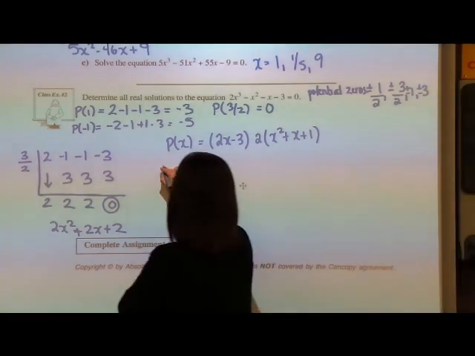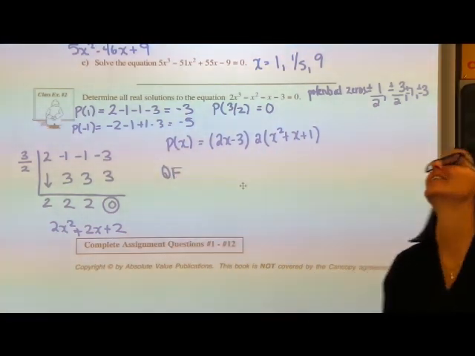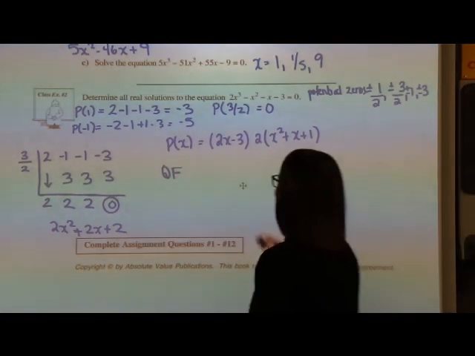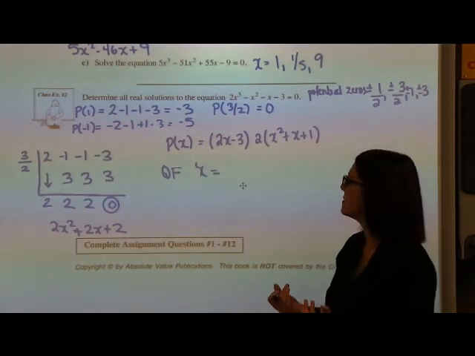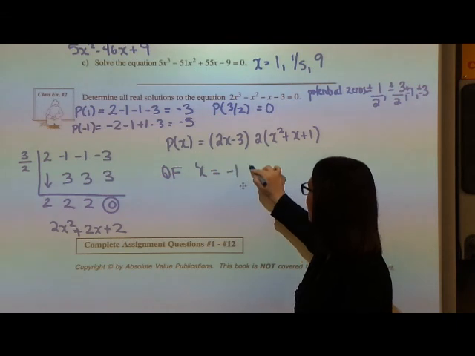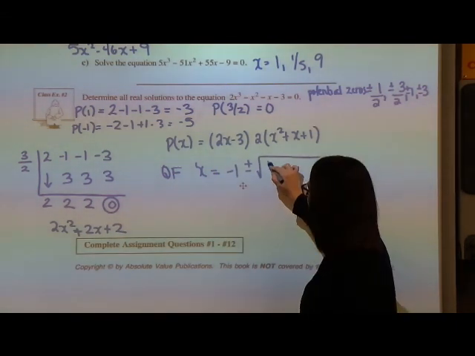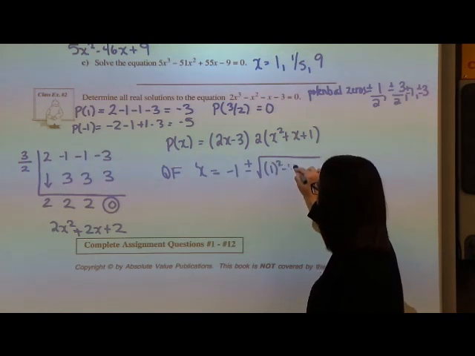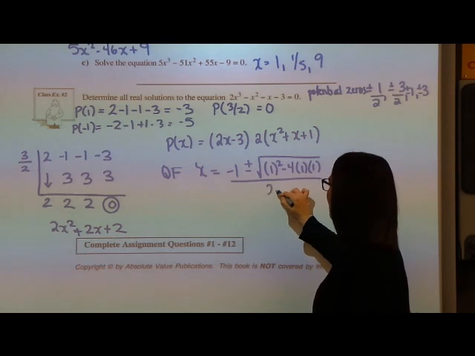I didn't know. Sorry, the look on Addison's face was like, oh no, really, the quadratic formula. So x equals negative b, which would be negative 1, plus or minus the square root of b squared minus 4ac, divided by 2a.